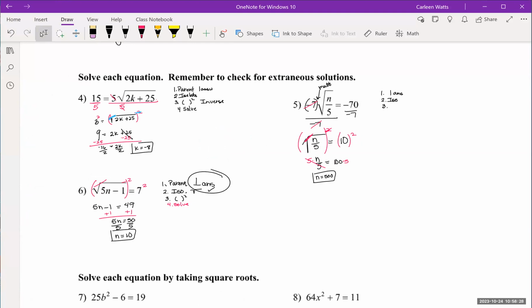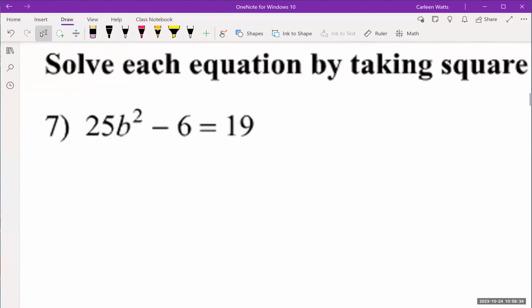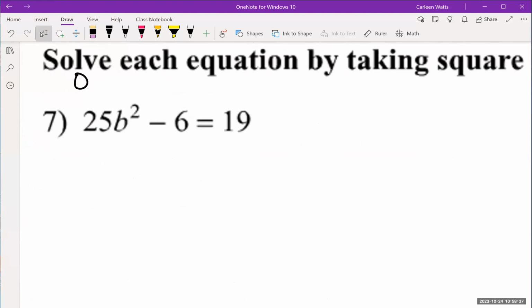Okay, so we have absolute value, we have square root, and now we have a quadratic. If it's an x squared, it is a quadratic. Notice there is no x term. Don't write this right here because we need to solve.